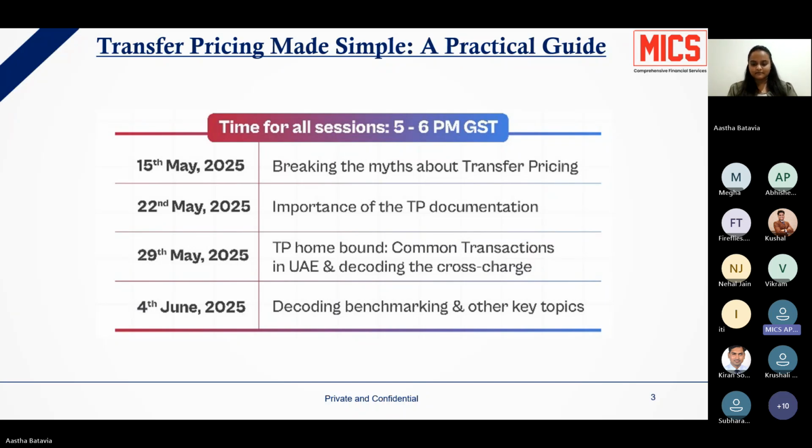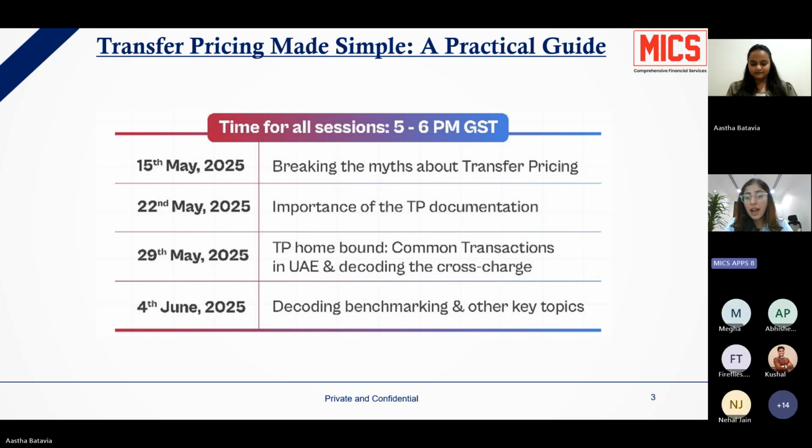You would be able to justify this when you have your benchmarking reports and the transfer pricing policies of your group ready, that this is my group structure and this is how I do transfer pricing. When you maintain this set of documentation, not as exhaustive as local file or master file maybe, but something which enables FTA to make sure that your transactions are at arm's length, it would be a fair documentation to keep.